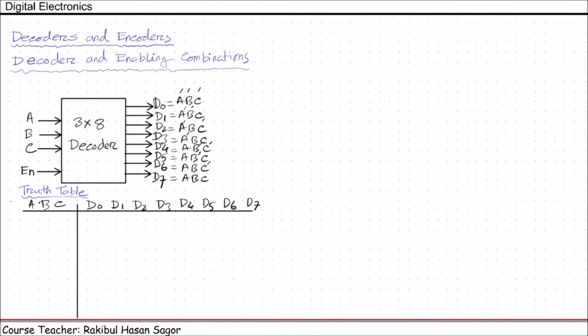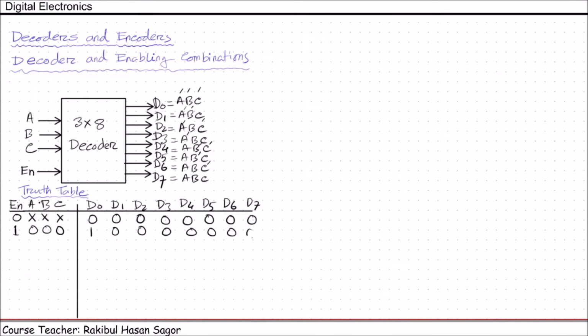And we have one more input, that is enable. Now if enable equals 0, whatever the input we give in A, B, C, the output will be always 0. Now if enable equals 1, then if we give 0 0 0 in ABC, then D0 will be 1, others will be 0.